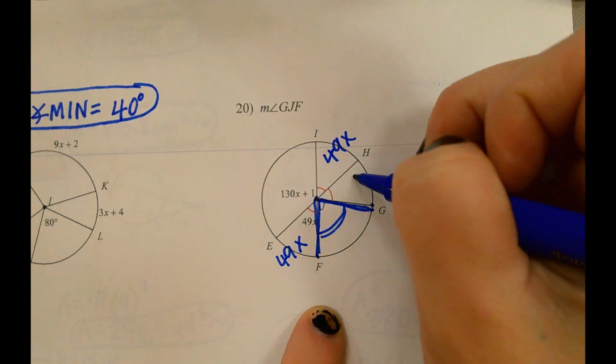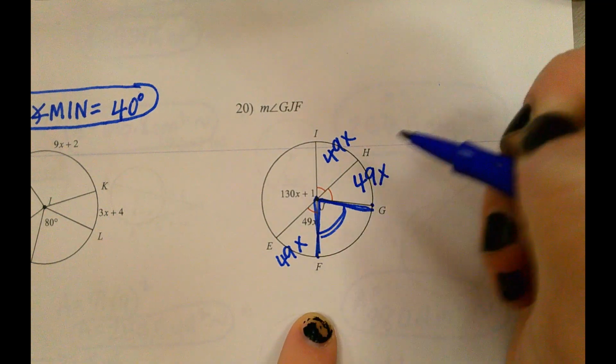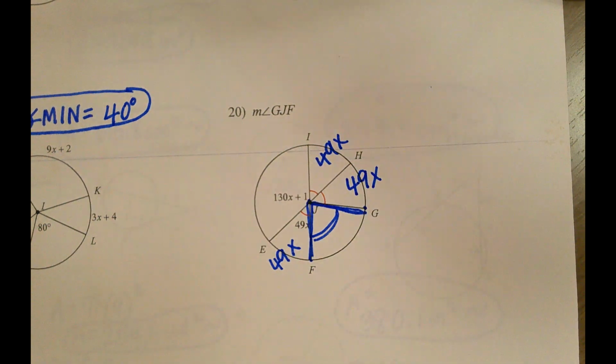These 3 angles have arcs, so they are all the same. They're all 49x. So now I know everything except for what I'm missing. Any ideas of how we could at least begin to solve for x?